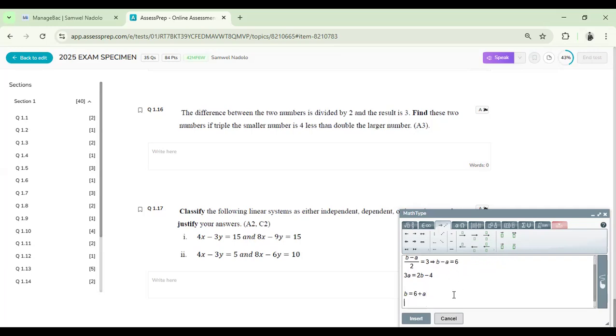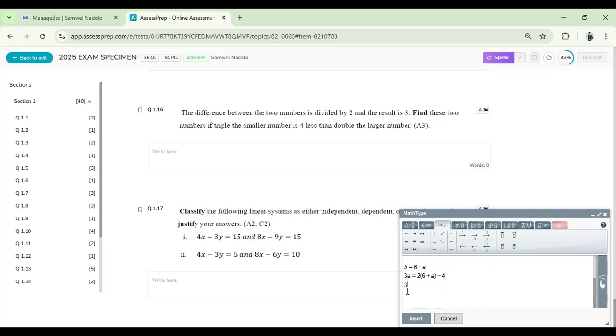And I'm going to substitute it in the second equation, which is 3A is equal to twice B minus 4. But B is 6 plus A. Okay, let's solve this. I'm opening the bracket.